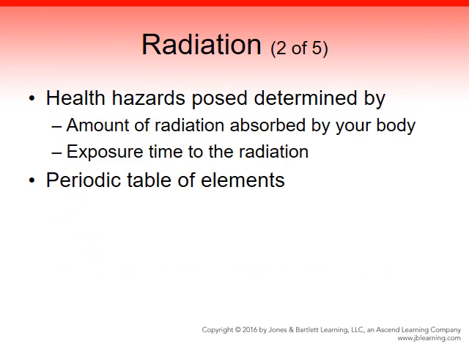Health hazards posed are determined by the amount of radiation absorbed by the body and the exposure time of the radiation. And you can look at the periodic table for the list of the radioactive elements.